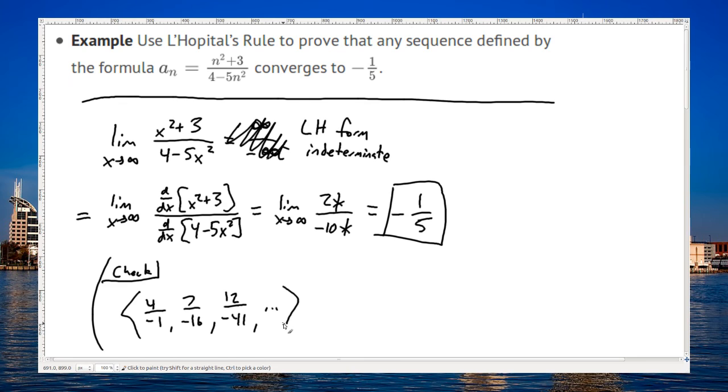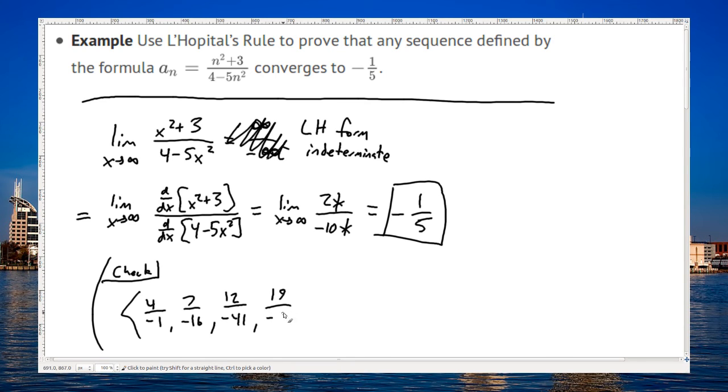All right, and just by breaking out a calculator, we can figure out what that is. Maybe I do need one more here. So I'll plug in a 4. I'll get 4 squared is 16 plus 3 is 19. On the bottom, I'll get 4 minus 80.